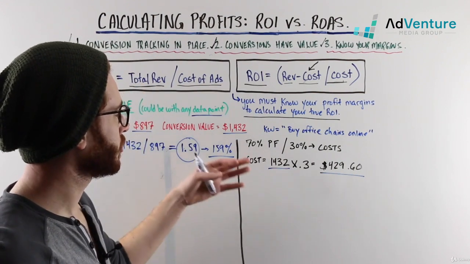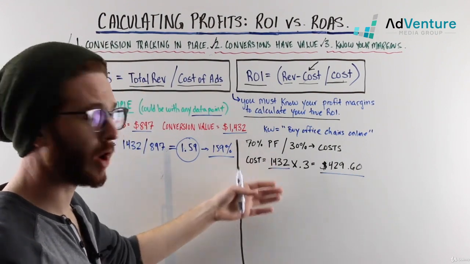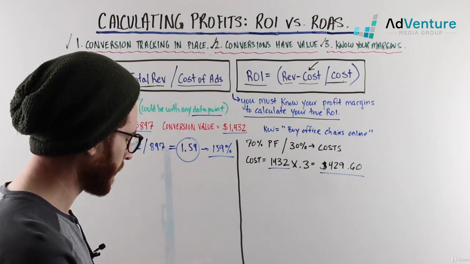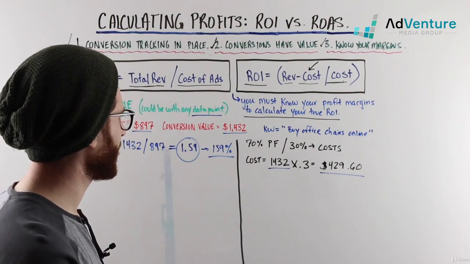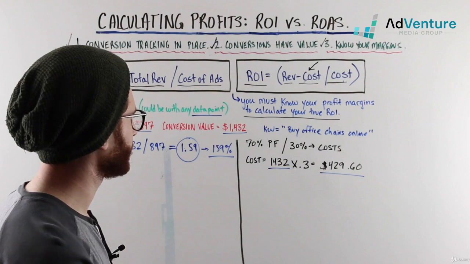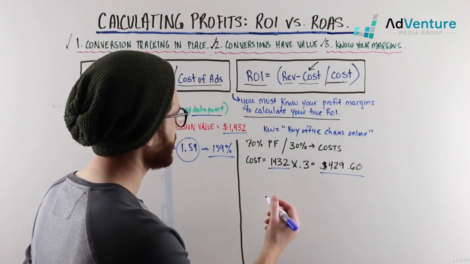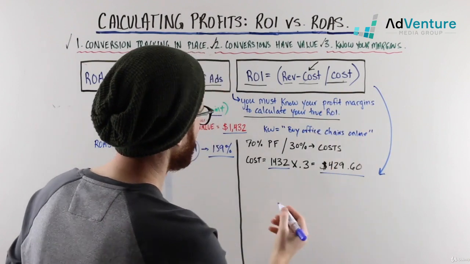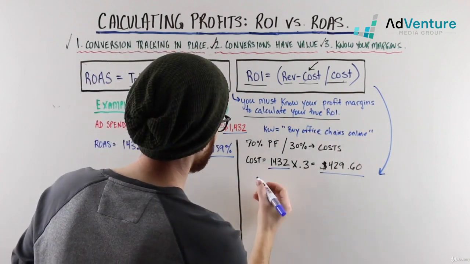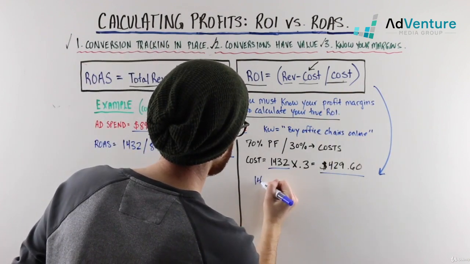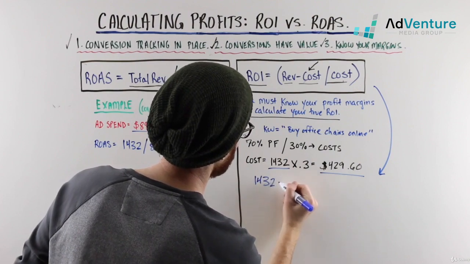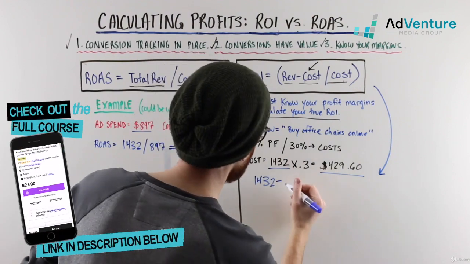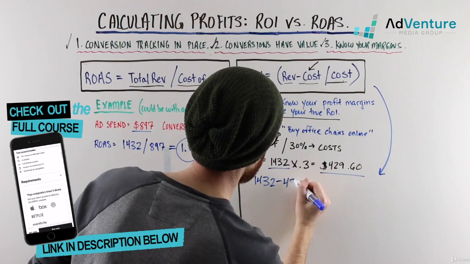And now, once we created a calculation to determine our cost based on the total revenue, we could simply go ahead now and create our ROI calculation. Because now we'll do revenue minus cost. I'm going to plug in this formula down here. So revenue minus cost is $14.32 minus $429.60.